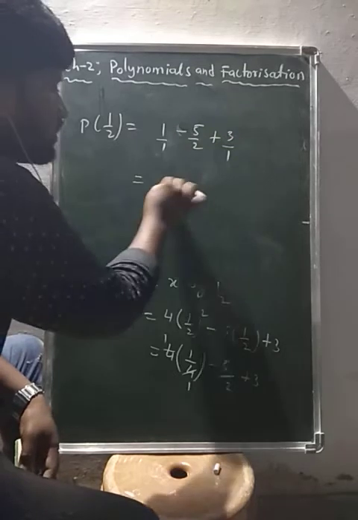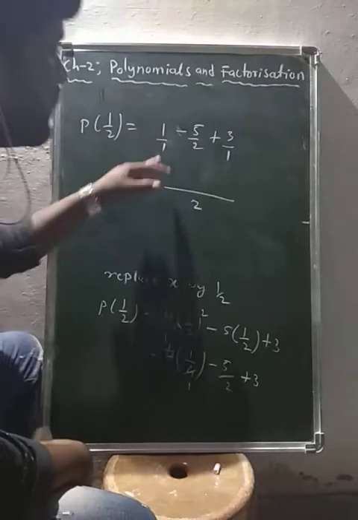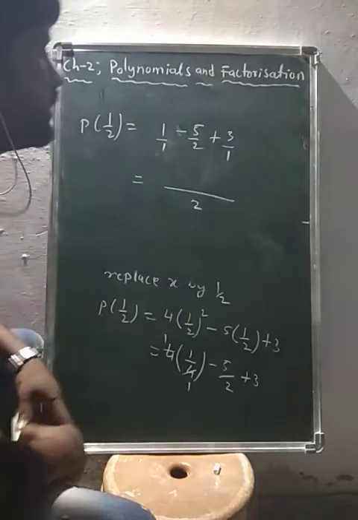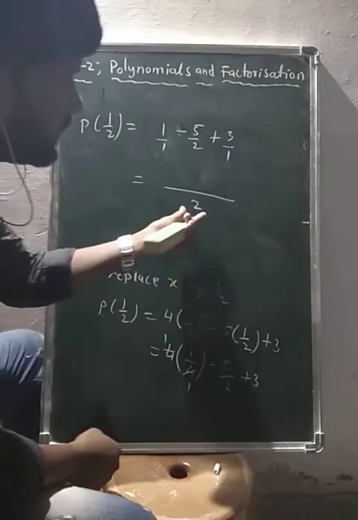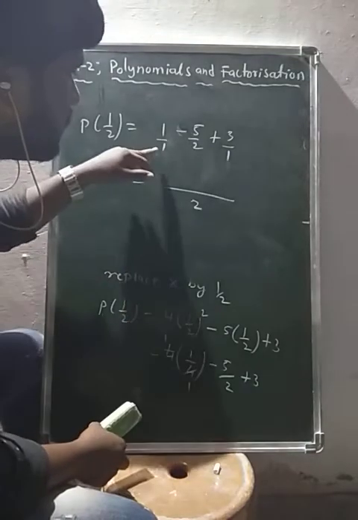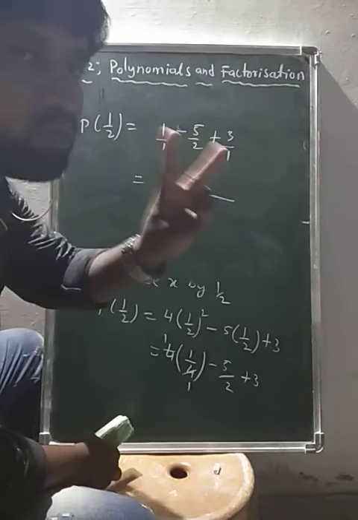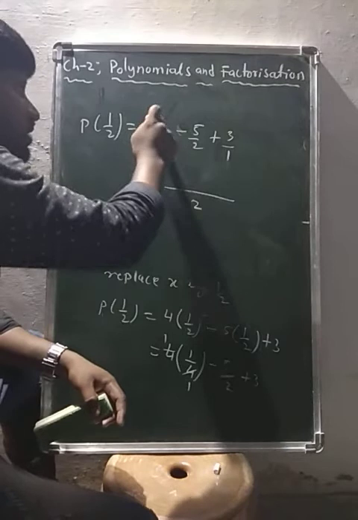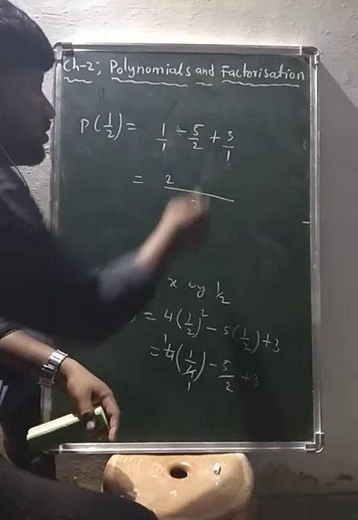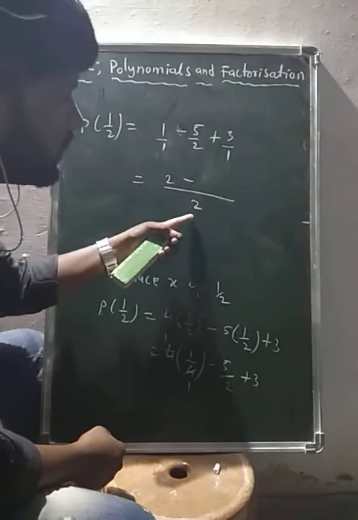What is the LCM? The LCM is 2 only, because the denominators are 1, 2, 1. So the LCM is 2 here. What is the denominator? That is 1. 1 how many times in that? 1 twos are 2 times. That's why you multiply this one with 2. 1 into 2 is 2 only, minus 5 by 2, the LCM is 2.